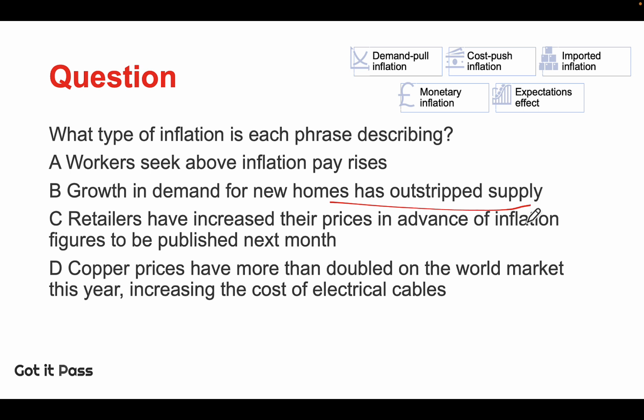So what does it mean in terms of inflation? And for statement C, in advance of inflation figures. So you can see, is it the change because of the expectation? And for statement D, it is about the cost, because the raw material prices increased more than double. So it's quite straightforward by understanding the statement here to match which type of inflation they belong to.